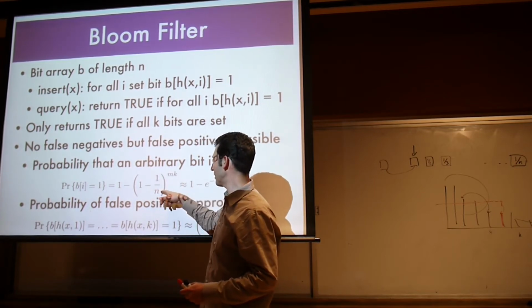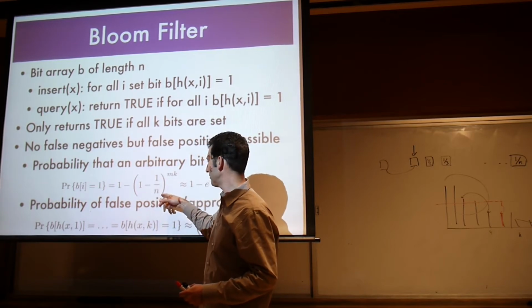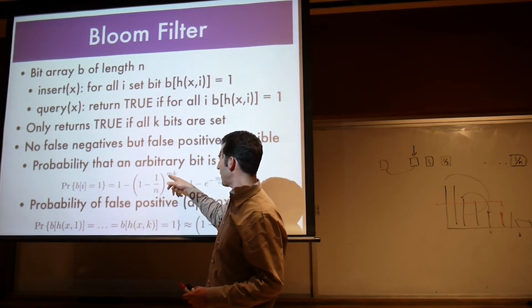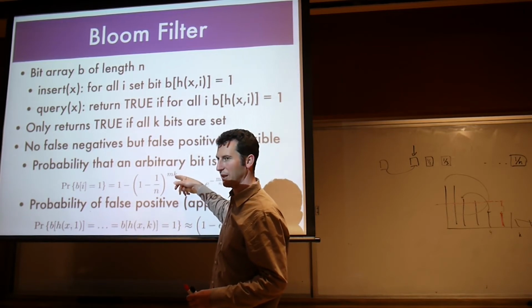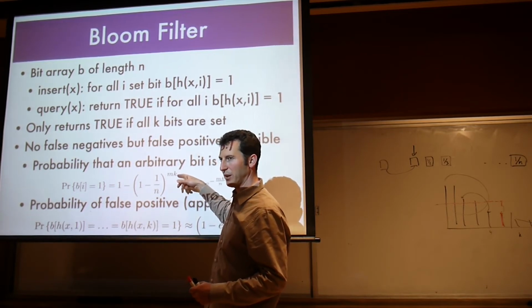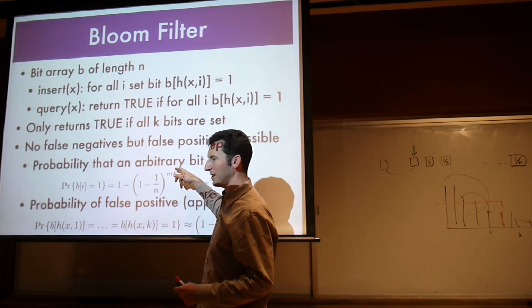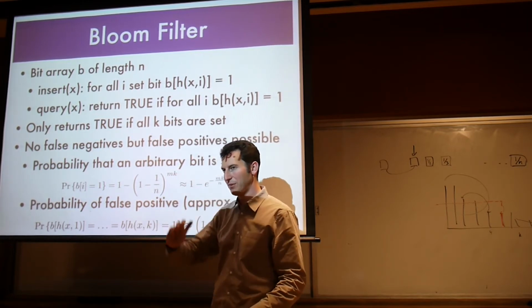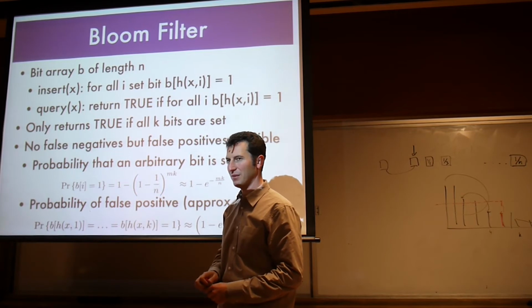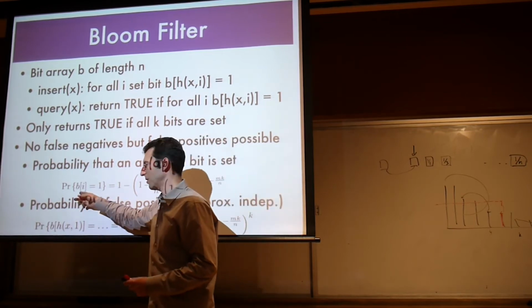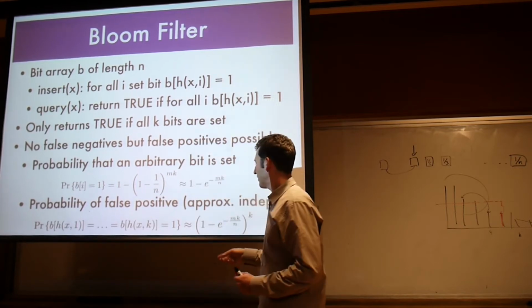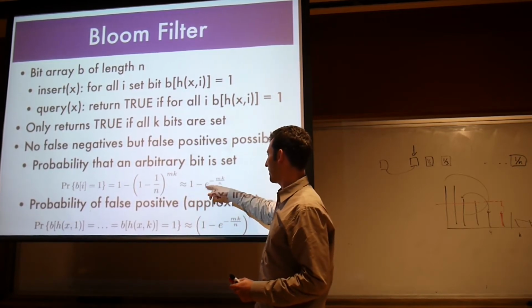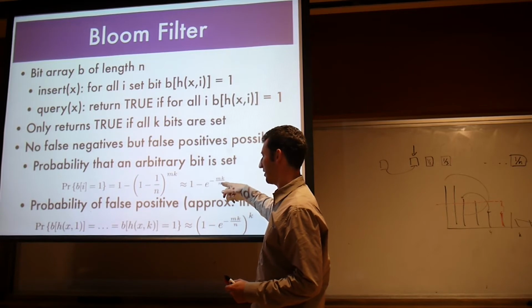So 1 minus 1 over n is the probability that it will stay 0. And I raise that to the power of mk, because I have m inserts and I have a replication of k. So my Bloom filter, m times k times, picks a random bit and sets it to 1, from the viewpoint of an arbitrary bit here. Now, this is approximately 1 minus e to the minus mk over n.